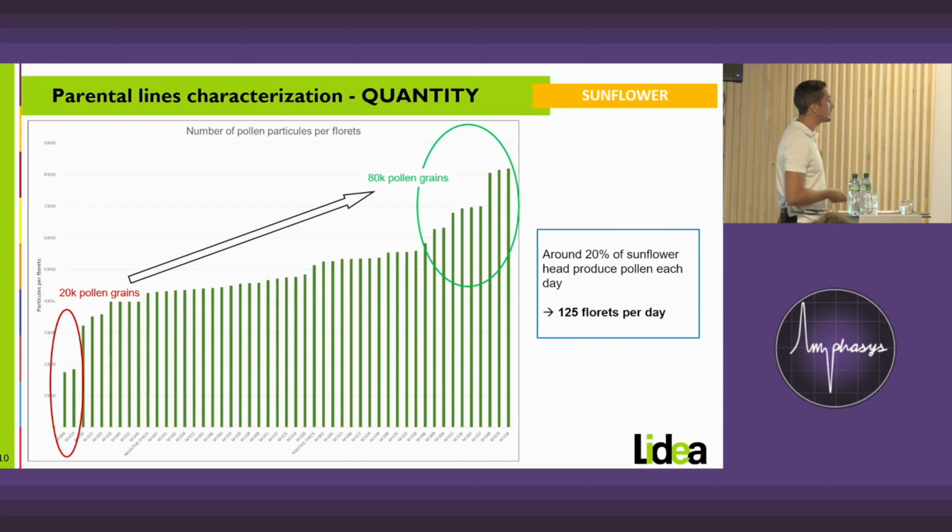And to calculate the total amount of pollen production per day, we are taking the hypothesis of 125 florets per day. It's an average of all our tested males.